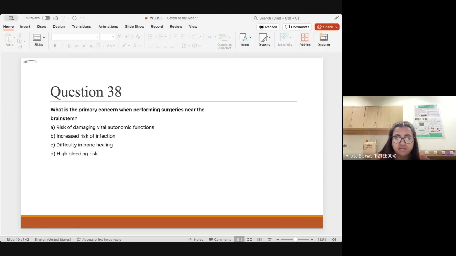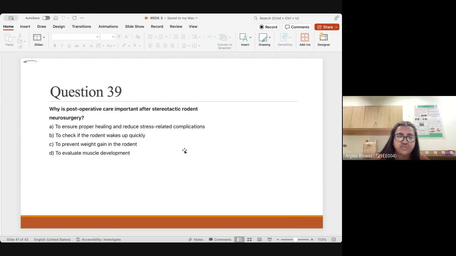Good. And next is question number 39. Why is post-operative care important after stereotactic rodent neurosurgery? First, to ensure proper healing and reduce stress-related complications. Second, to check if the rodent wakes up quickly. And third option is to prevent weight gain in the rodent.